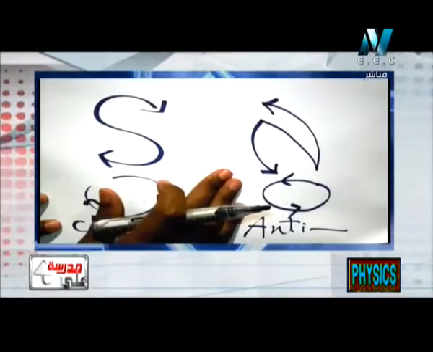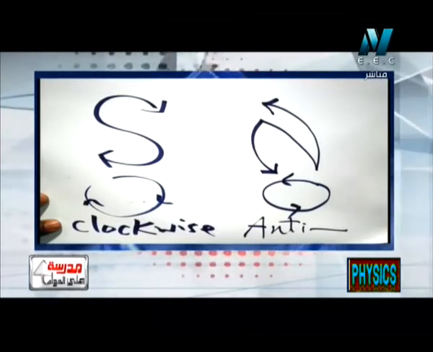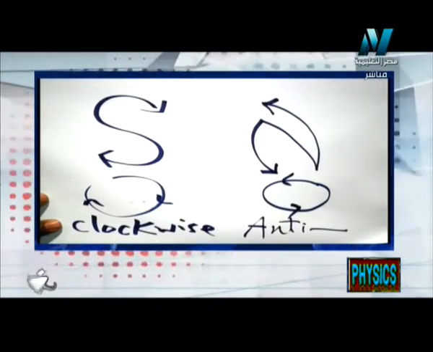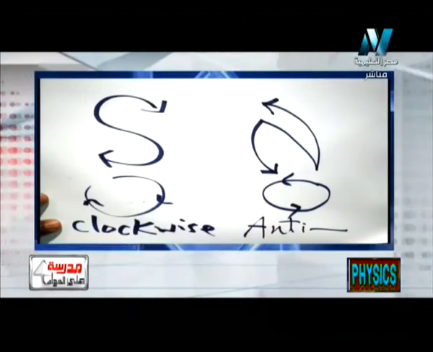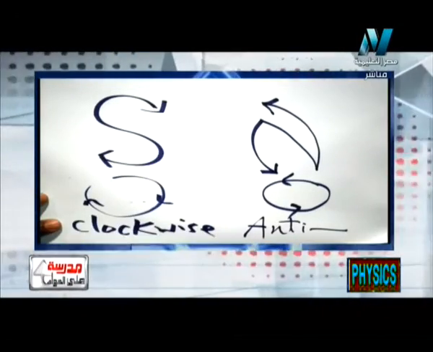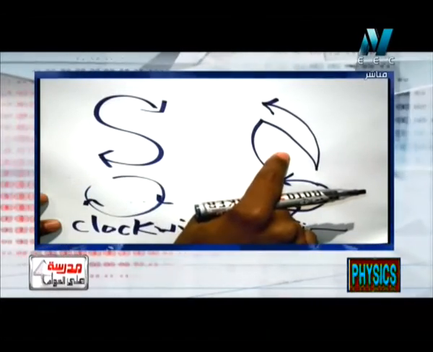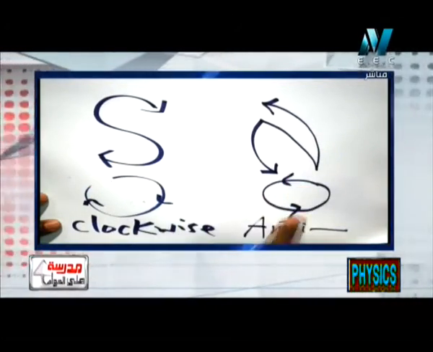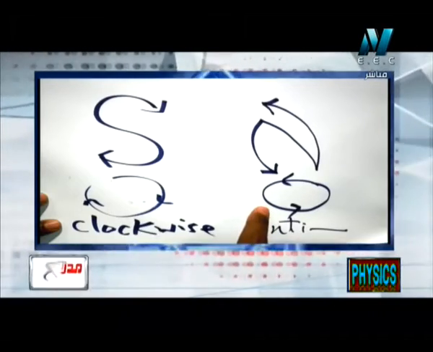It is a very easy rule to determine the polarity of the current. So again, when the current moves clockwise, it generates the south pole of a magnet. When the current moves anti-clockwise, it generates the north pole of the magnet.